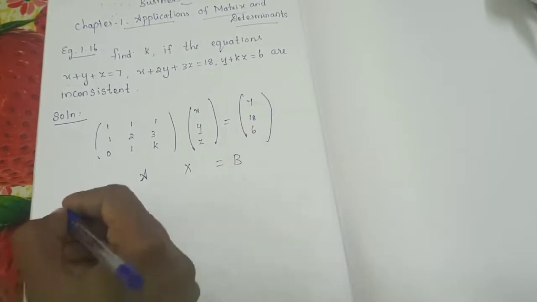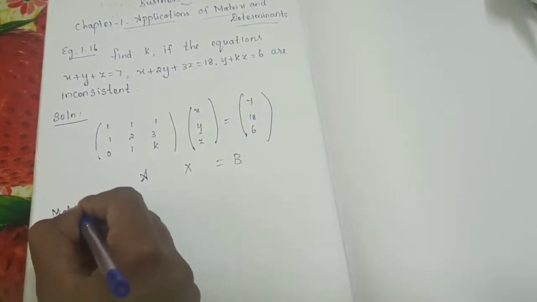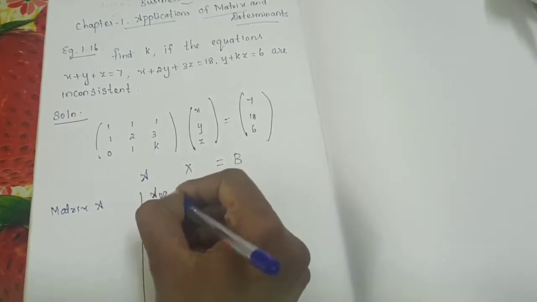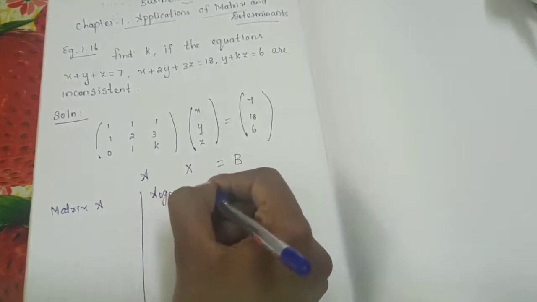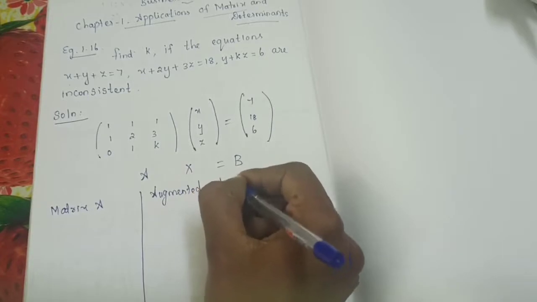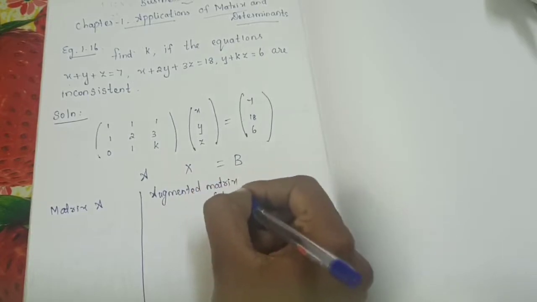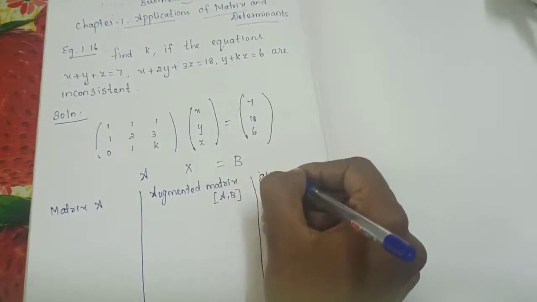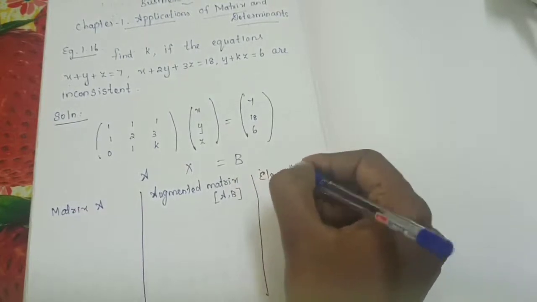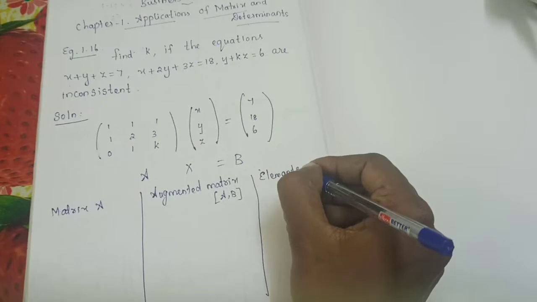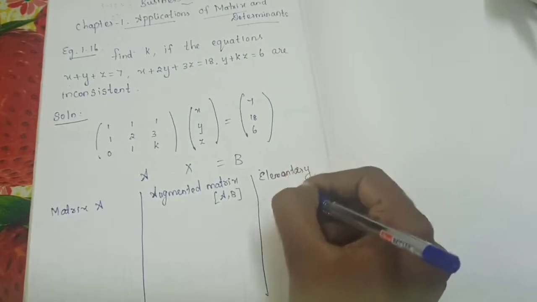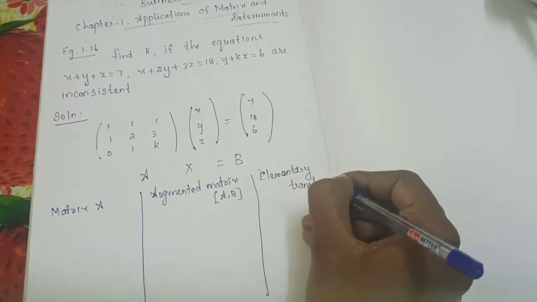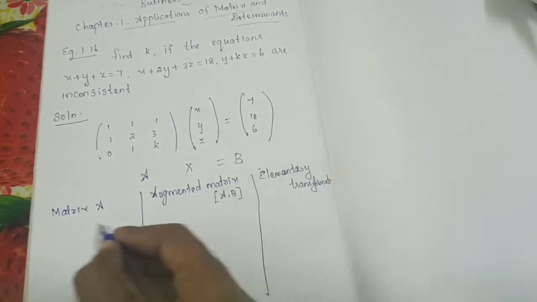First, what will you do? Matrix A, next the augmented matrix A comma B, then the elementary transformations.